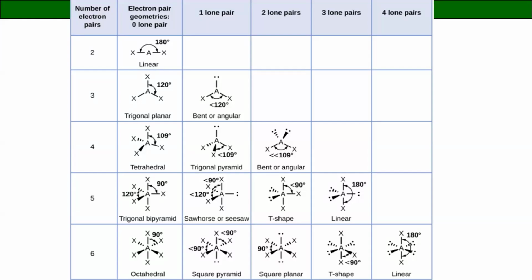But in biochemistry, we also see, who's heard of fatty acids? A fatty acid is a biochemical molecule that looks like this. This is what's called a carboxylic acid group.